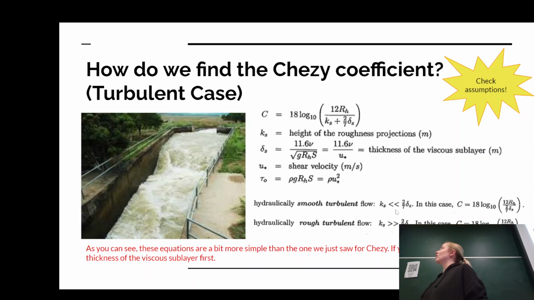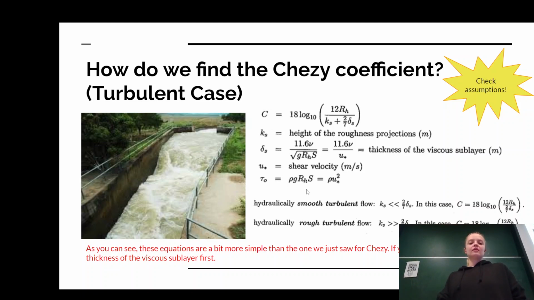So Ks is a lot less than 2 over 7 times the thickness of the viscous sublayer. In this case, that equation simplifies a little bit down to what we see on the right. And then if you've got rough turbulent flow, it simplifies again. So you can make an assumption one way or the other, but you just have to make sure that you go back and check it at the end of your question.